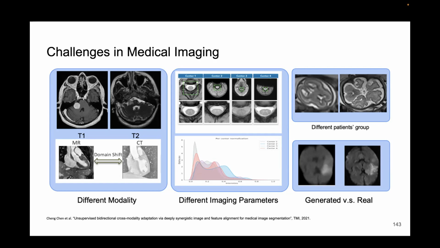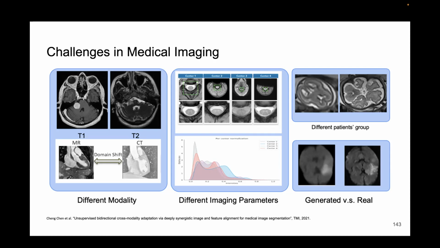And this will be another example showing how different imaging parameters cause such differences. The third one is that across different patients, because of each individual's specificity, the images could be quite different even from the same angle and same view of the same organ.